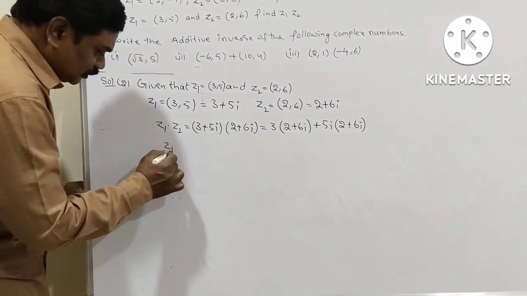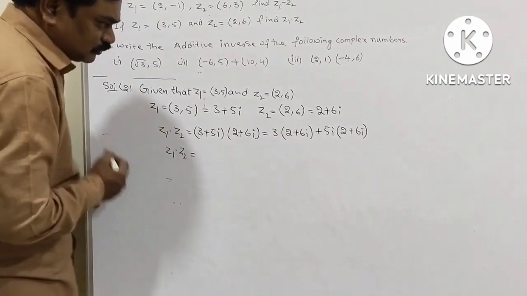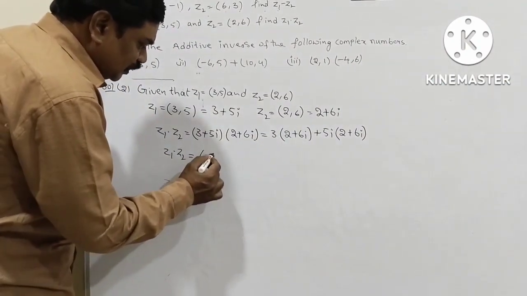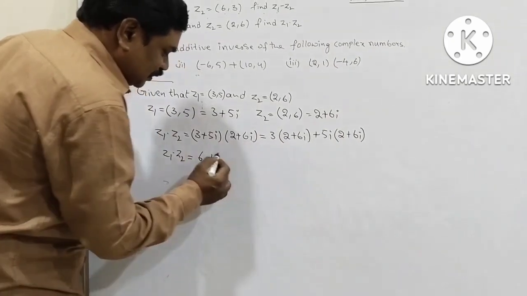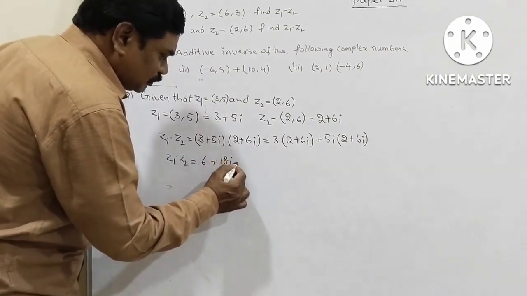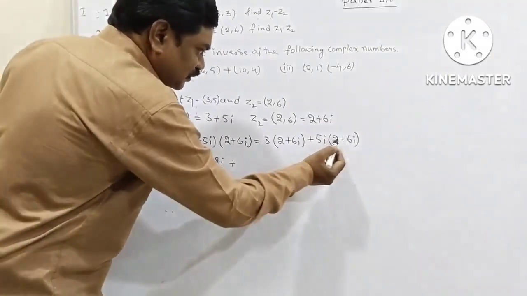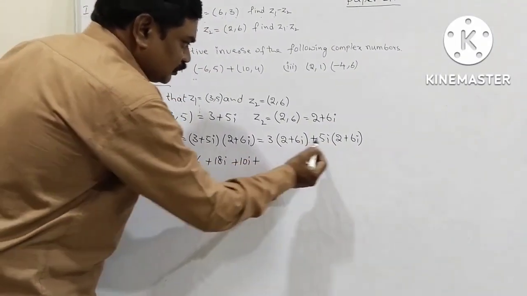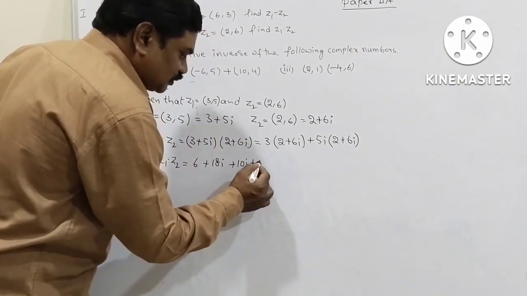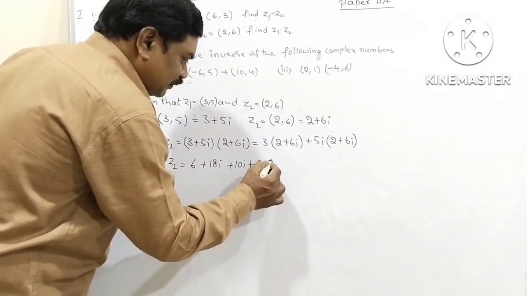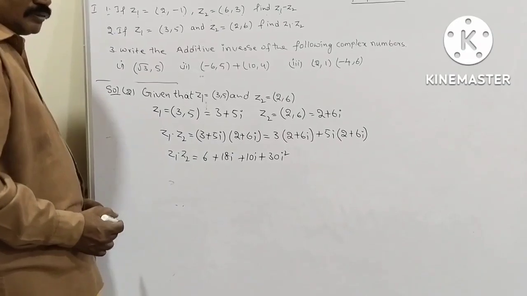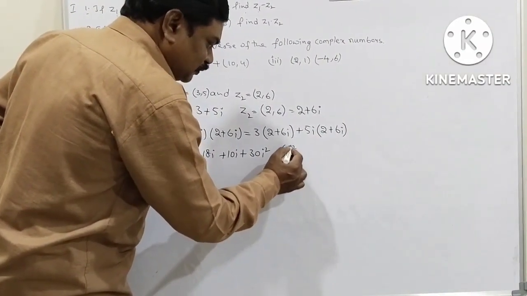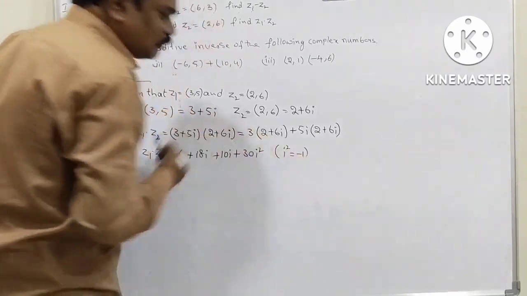So 3 into 2 is 6, plus 3 into 6 is 18i, plus 5i into 2 is 10i, plus 5i into 6i is 30i squared. But we know that i squared is equal to minus 1.